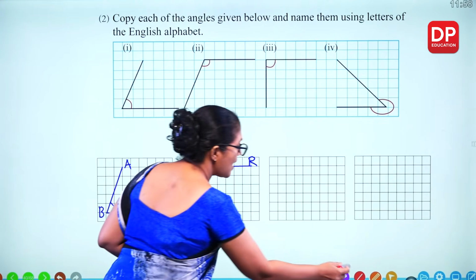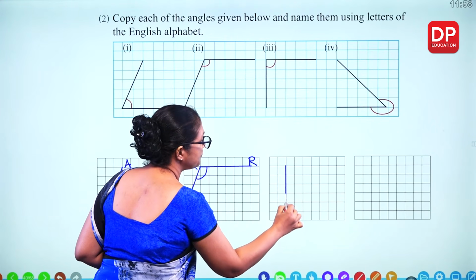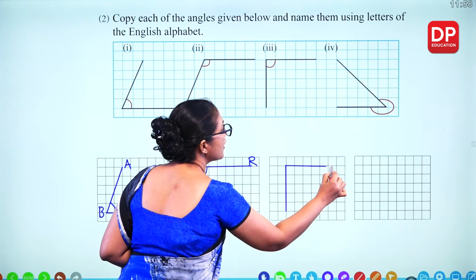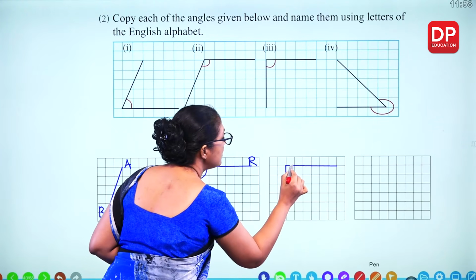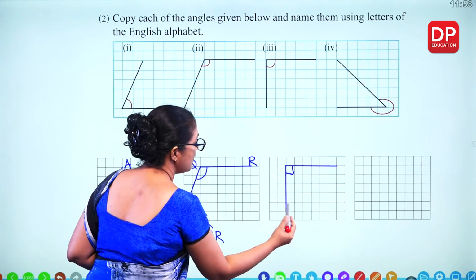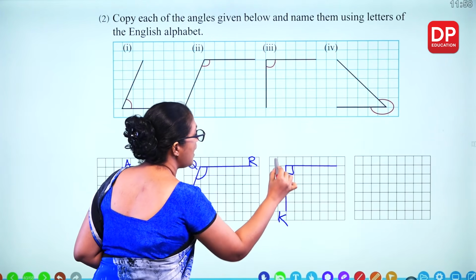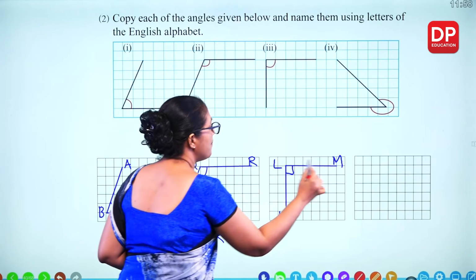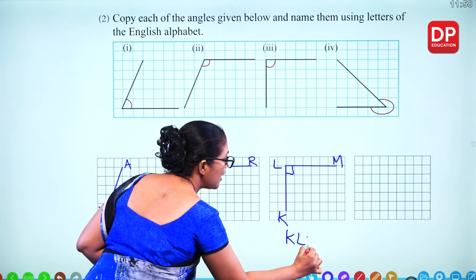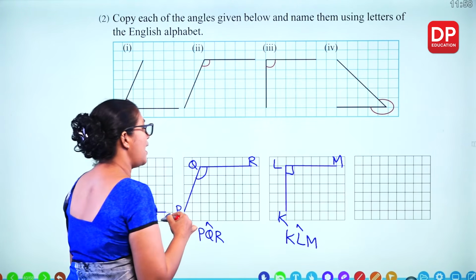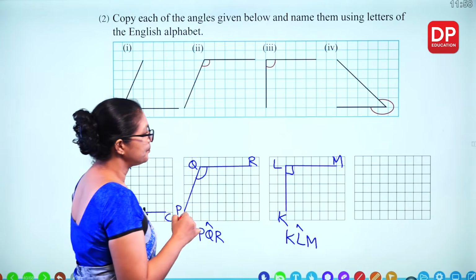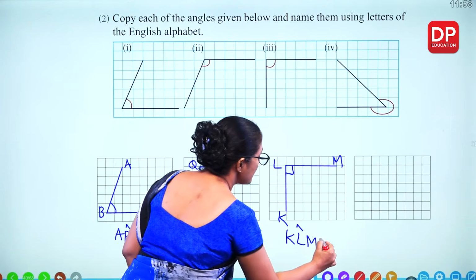This is a right angle, a 90-degree angle. We can draw a 90-degree angle here. And if it's KLM, so we can write KLM is the angle L. That's 90 degrees.